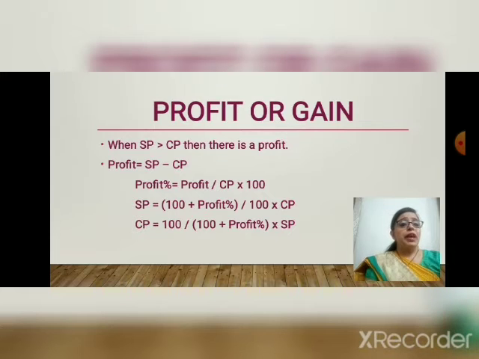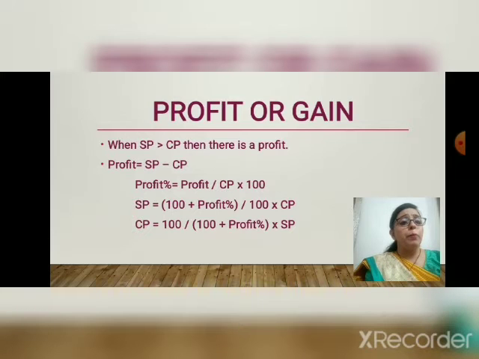If it is profit, we have to calculate the profit percentage. Profit and loss percentage is always calculated on cost price. This is the case of profit. So we will calculate the profit percentage. How can we calculate it? Profit upon CP into 100.